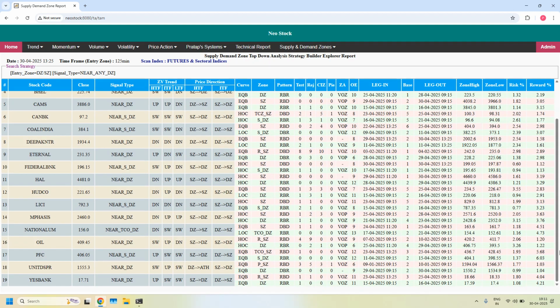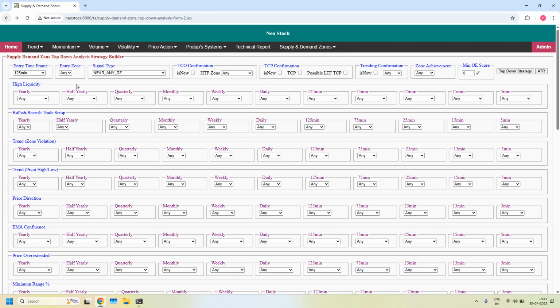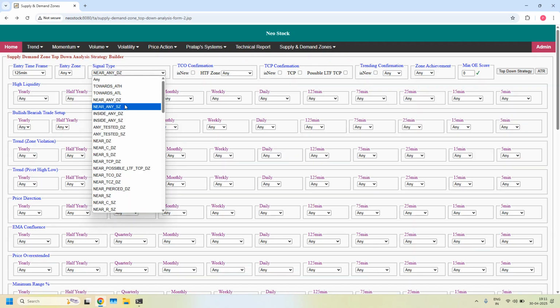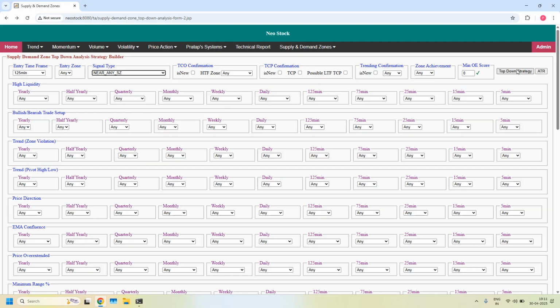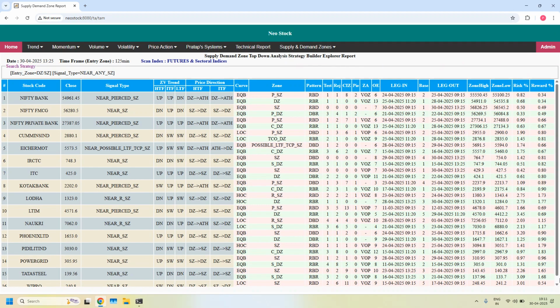So total 19 stocks are filtered. Next, stocks near to the 125 minute supply zone. We got 16 stocks. First 15 stocks in the list. Scrolling the list down.